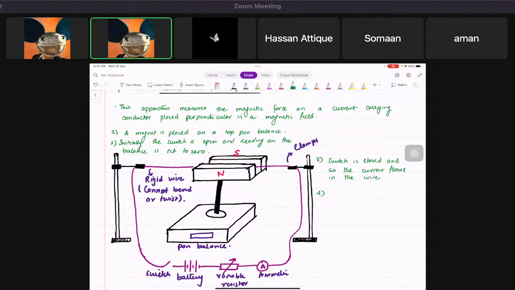Number 4, due to this, and according to Fleming's left hand rule, the wire experiences a force in upward direction.